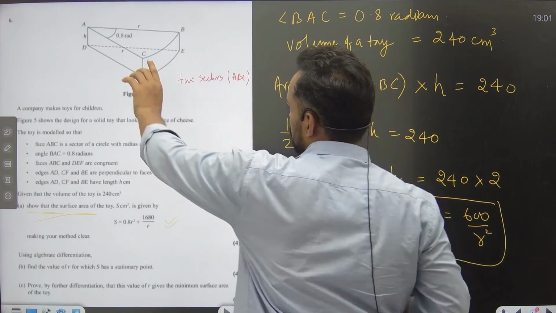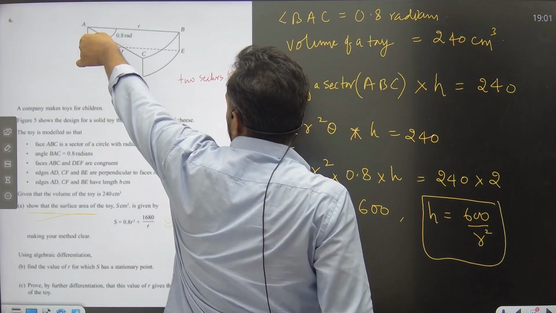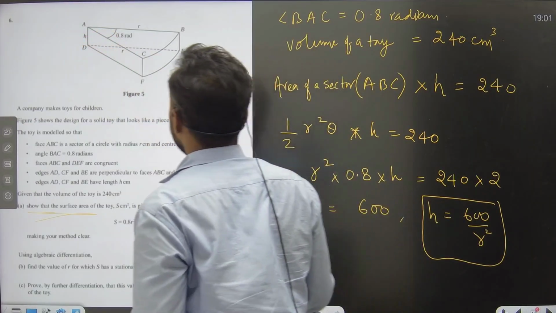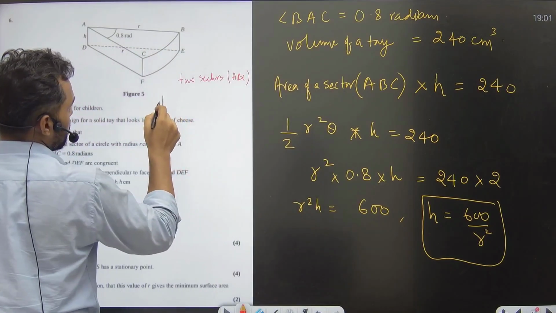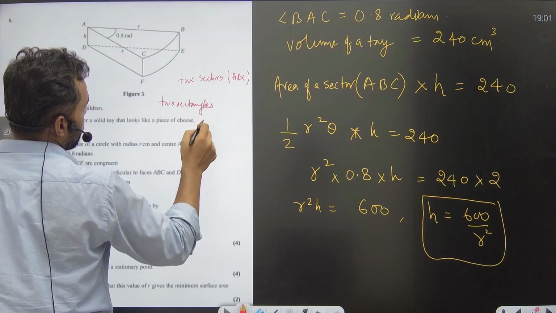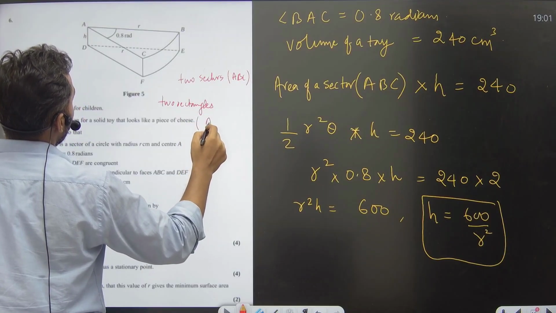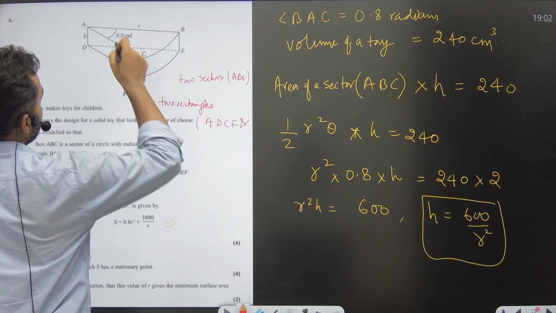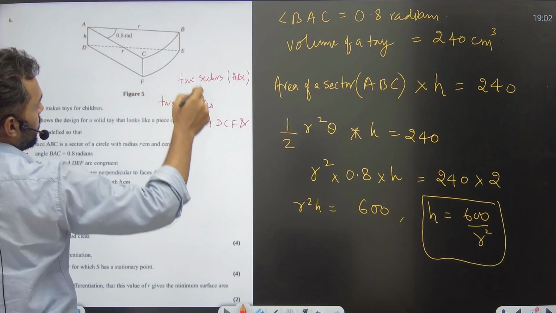Okay, now what about the rectangle ADCF? We can see here that there are two rectangles, student. The first rectangle is AD and CF, and the second rectangle is ADBE.